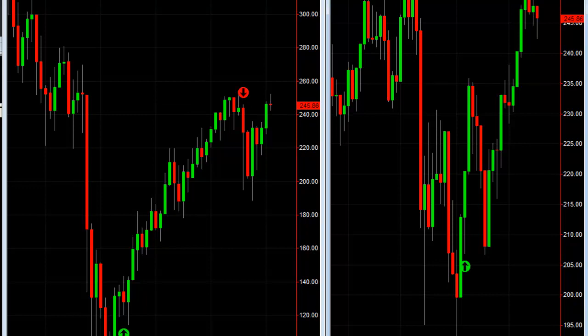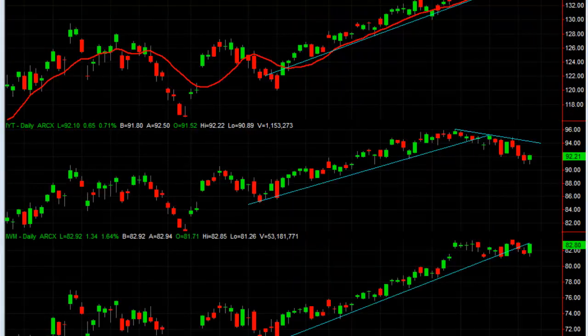And then there's one last chart I want to show you that's pretty interesting to keep an eye on, just for the overall picture of where the markets may be headed and to help you in your trading. Now this is a chart of the SPY, SPDR, which is the ETF for the S&P 500.